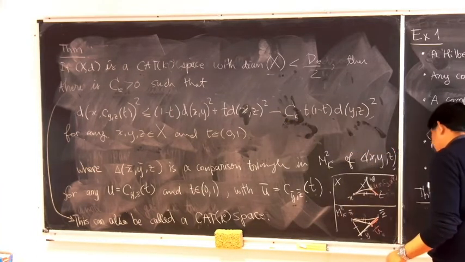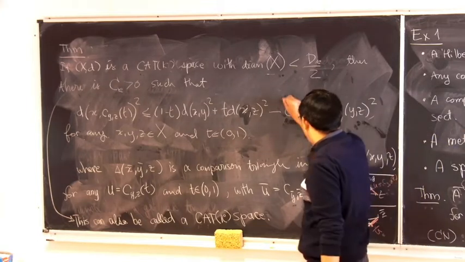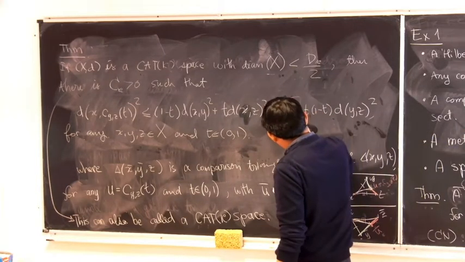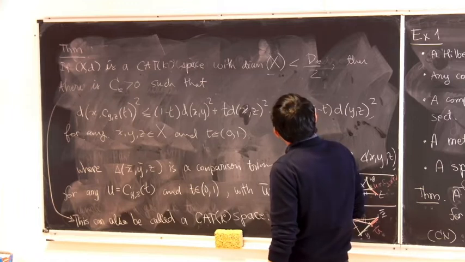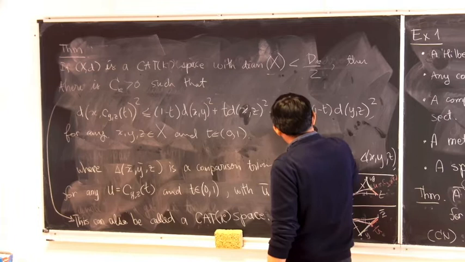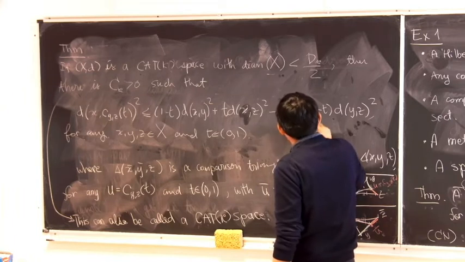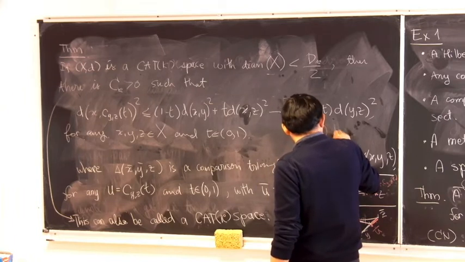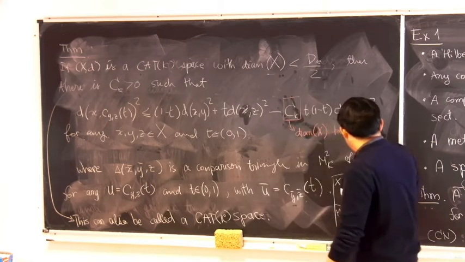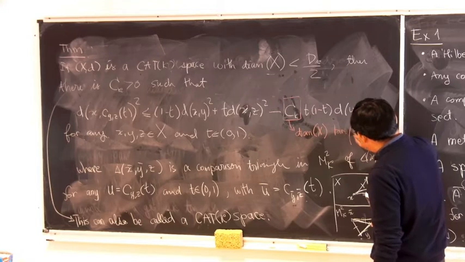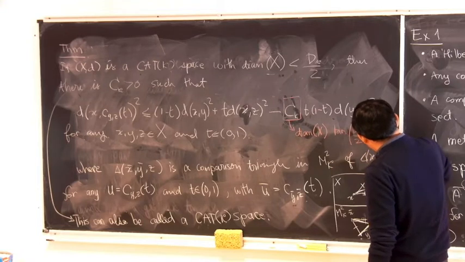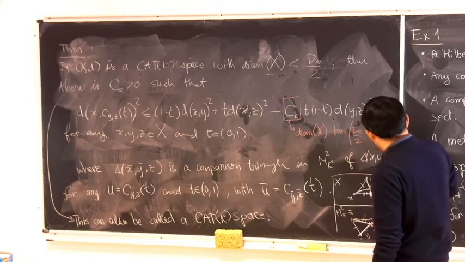Actually, we have a very specific form of C kappa. It is the diameter of X itself times the tangent of (D kappa over 2 minus the diameter of X).